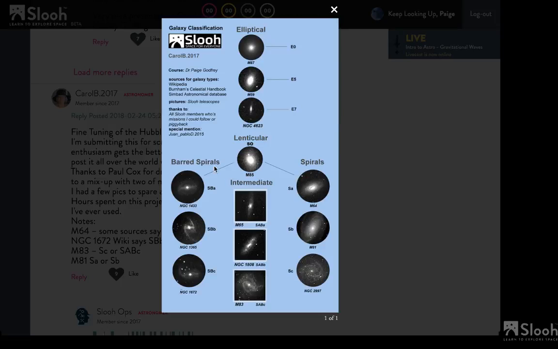But then we also have our barred spirals, such as the Milky Way galaxy. Ours is a barred spiral with a big bar running through the center. You can see this is a really great image to see the bar coming through and the spiral arms coming off of it. And I love that she has put the intermediate galaxies on here as well, the ones that kind of look like they're a little bit of both. They almost look like a normal spiral, but then they might also look like there's a bar running through the center. So really fantastic job, Carol.